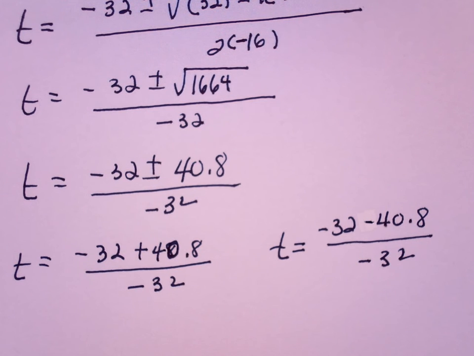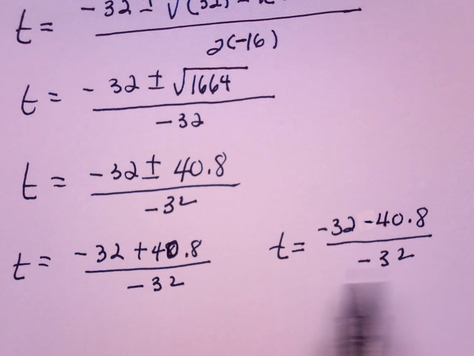Divided by a negative number is negative. Is that 1664 wrong?